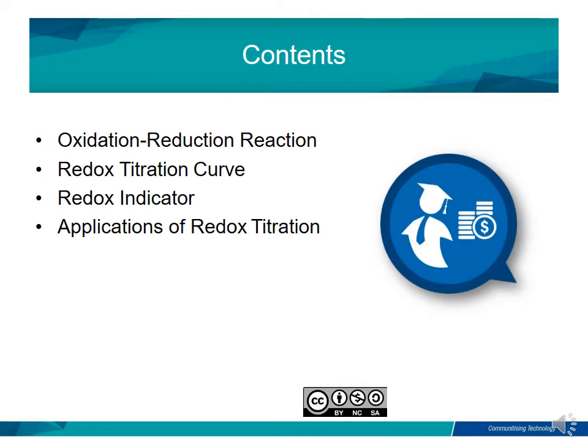The second one is the redox titration curve, where you will learn how to calculate the endpoint and also the equivalence points. Next, what types of indicator are basically used for the redox reaction, and the last one is the application of redox titration.